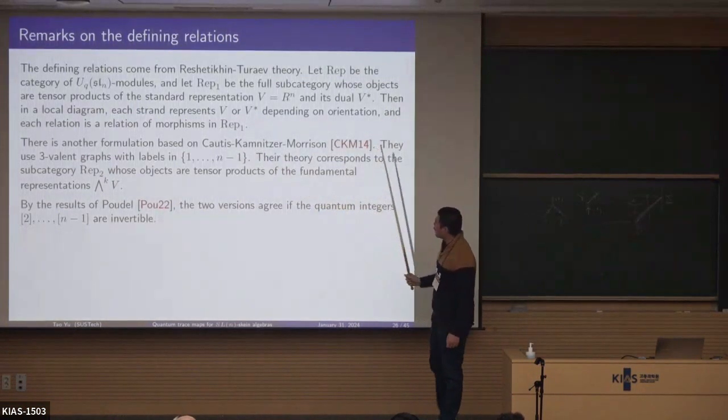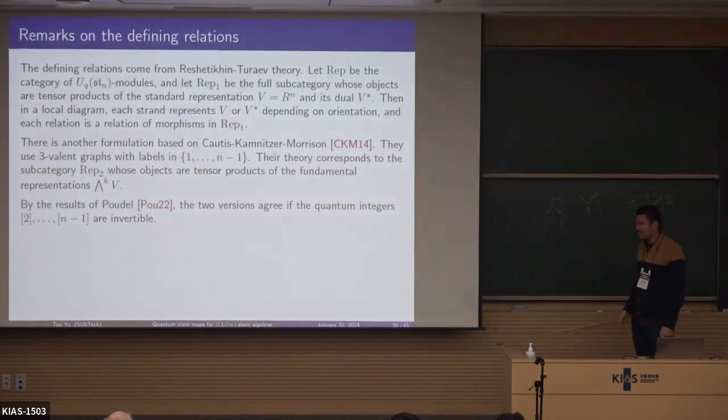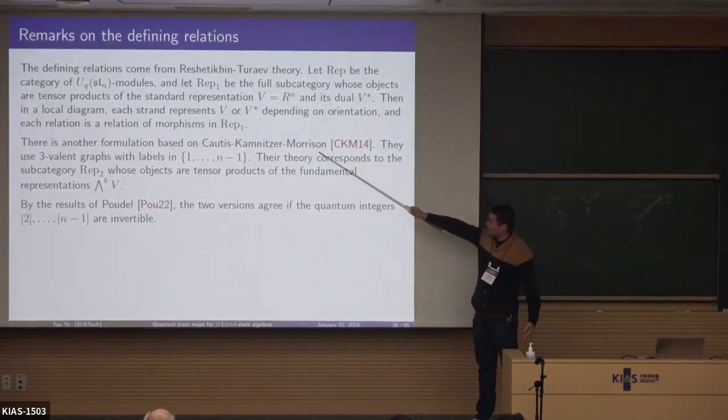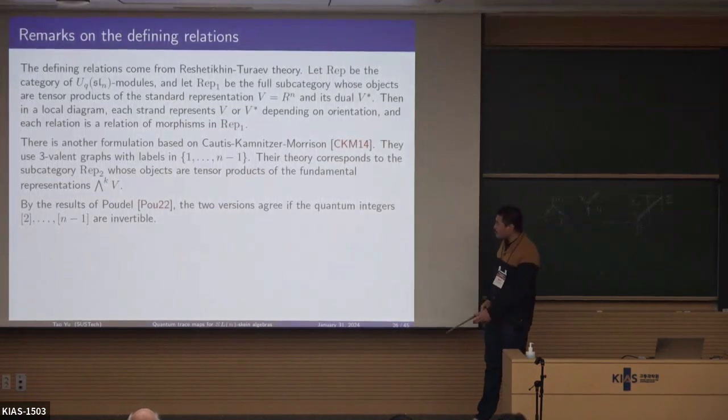Kamnitzer and Morrison's paper, they have like 3 pages of relations, and they don't claim that they have the full list. So you can actually define a second version of skein algebra using these people's results, but we're going to have a lot more elements and a lot more relations.